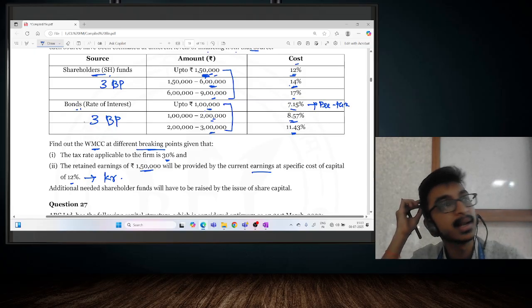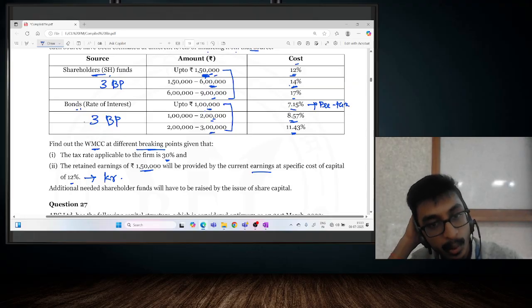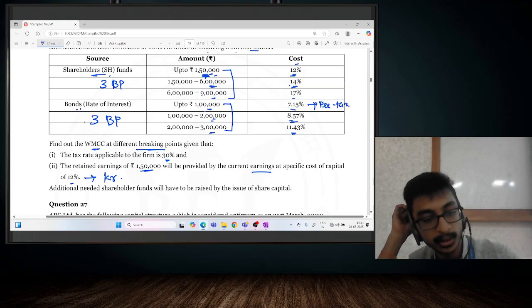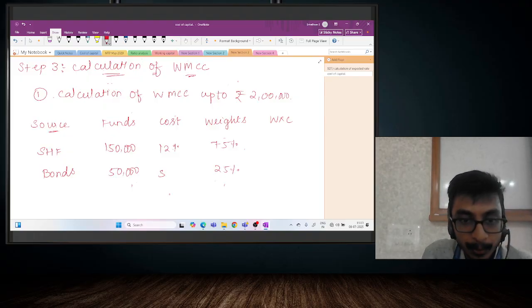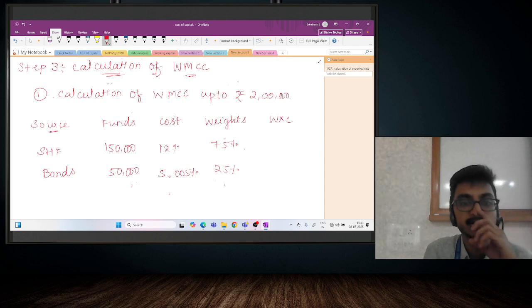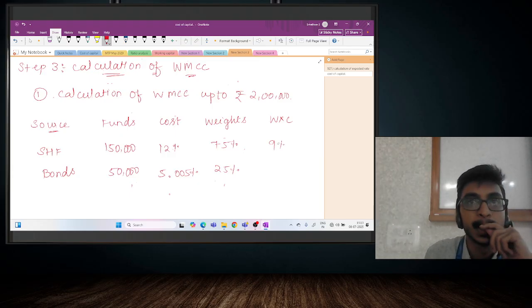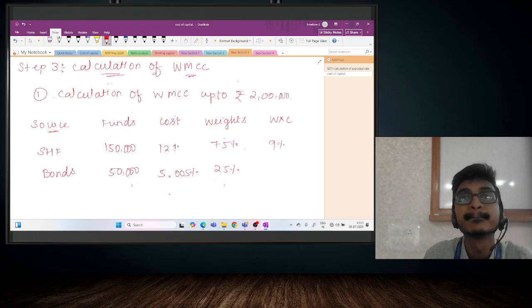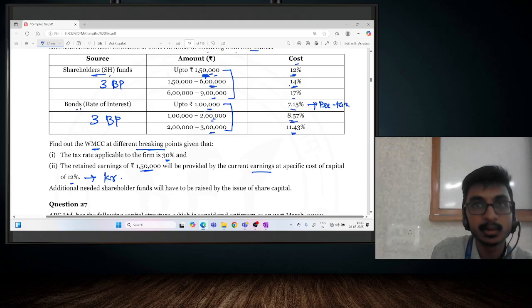I into 1 minus T. So 7.15 into 1 minus 0.3, how much do we get? 5.005%. So weights into costs, here it is 9%, 75% of 12, 5.005 and, sorry? The tax applicable to the firm is 30%.